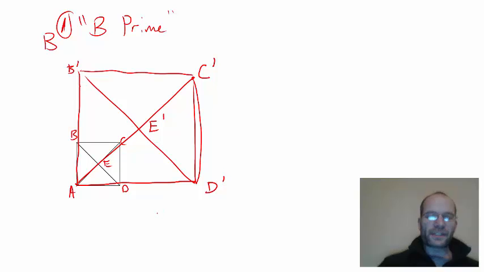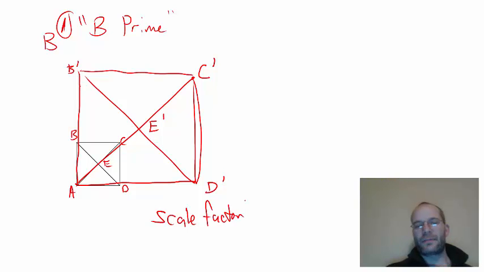The first one is called a scale factor. We've already looked at that term in prior sections. Scale factor is the number which I would multiply by any value in the preimage to obtain a corresponding value in the image.